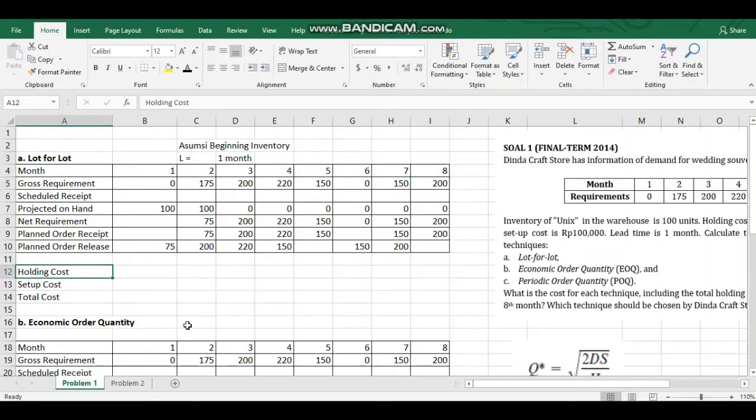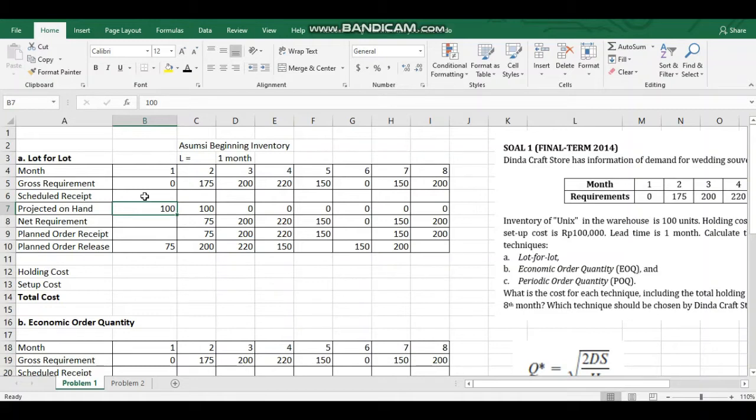And now we have to calculate the total cost if we are using the lot for lot technique. The first one we have to calculate is the holding costs. For holding costs, the variable that we have to look up is the projected on hand. Since we have no inventory from the 3rd until the 8th month, we have to calculate only for the 2nd month, because for the 1st month we don't have to consider it as our inventory.